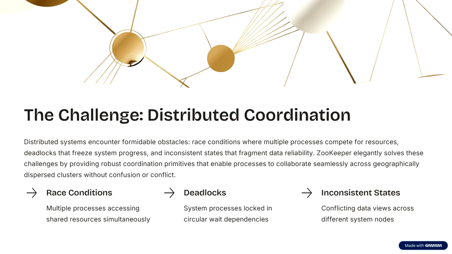And third is inconsistent states, where data appears different across nodes. ZooKeeper solves these issues by offering strong coordination tools, ensuring that all parts of the system work together smoothly without conflicts.